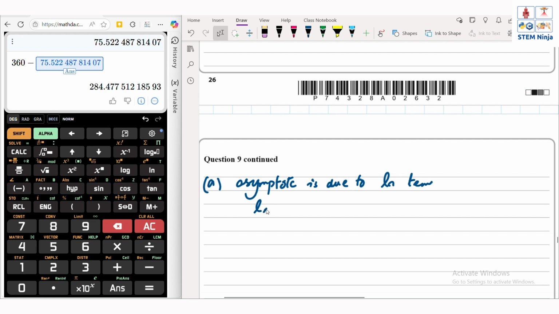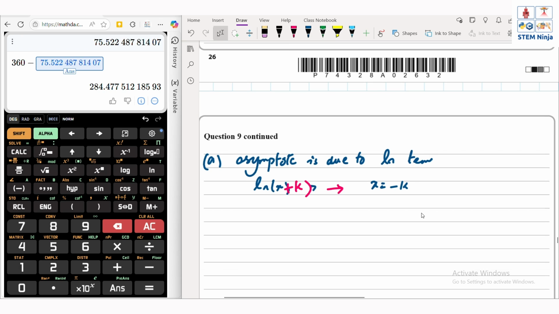So ln x, where x approaches 0 basically. So obviously we can't have that. So we have x plus k over here. So that means x is minus k.